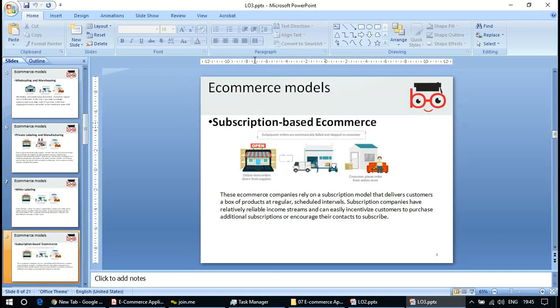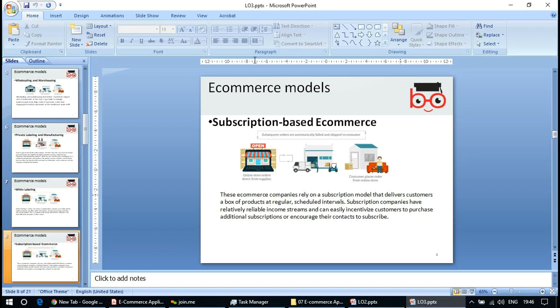Then subscription based e-commerce. These e-commerce companies rely on a subscription model. You might have seen, if you try to buy anything from Amazon, like spices or anything else, they give you an option that if you subscribe, the price would be cheaper.